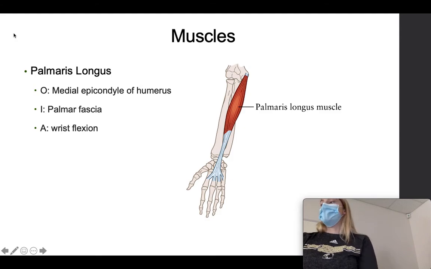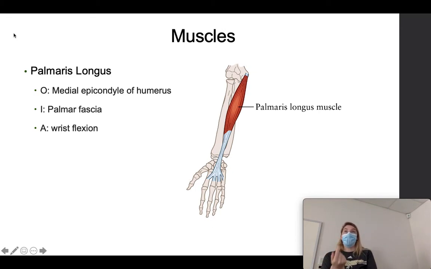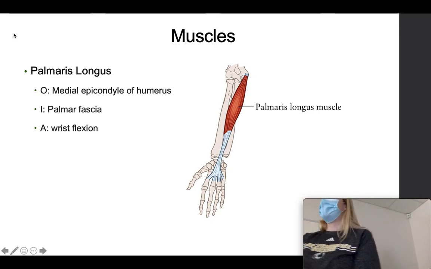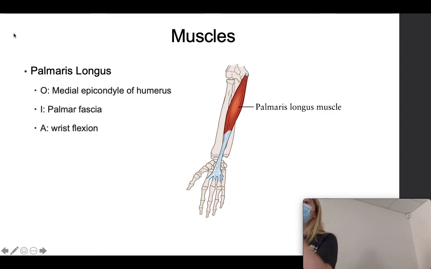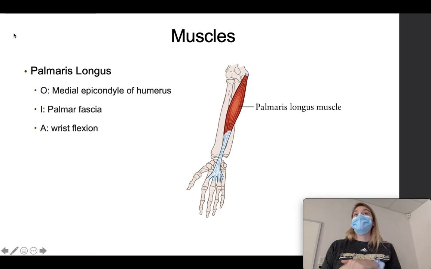So when you do that, you can pop your palmaris longus out and it will be visible. Some people either don't have a palmaris longus, so when they do that, nothing comes out, or their palmaris longus is actually sitting deeper than it normally should. So everything else is on top instead of it sitting the most superficial, so that's how you're able to get it to pop out. So that is palmaris longus.